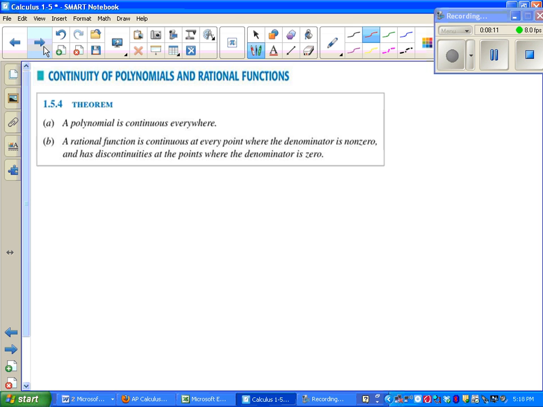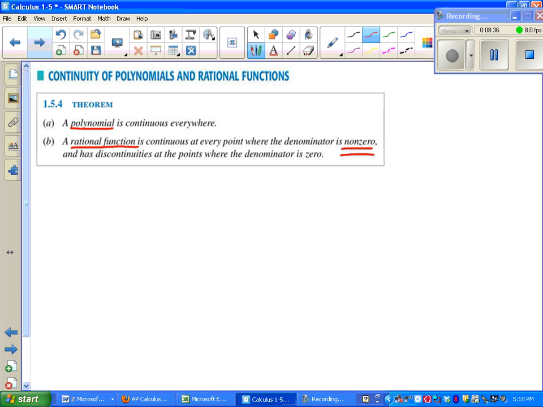This next theorem tells us some more things that we're going to be happy to know forever. Polynomials are continuous everywhere. Think about what a polynomial looks like. They never have a hole. Rational functions do have holes. They also have asymptotes. And part B says rational functions are continuous everywhere where the denominator is non-zero. If you remember, if the denominator was 0, that's where you get your holes and your asymptotes.